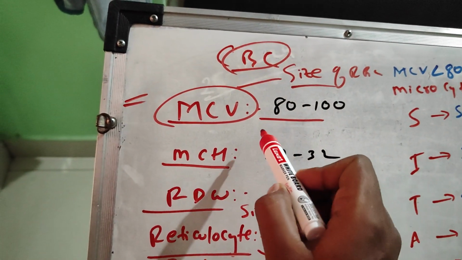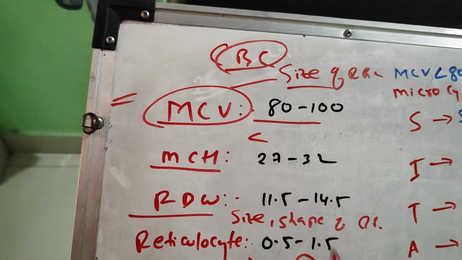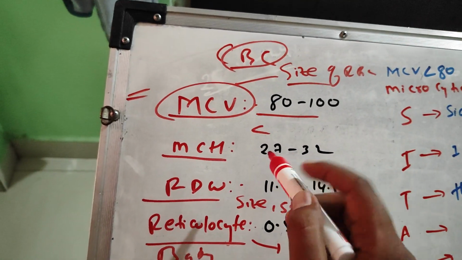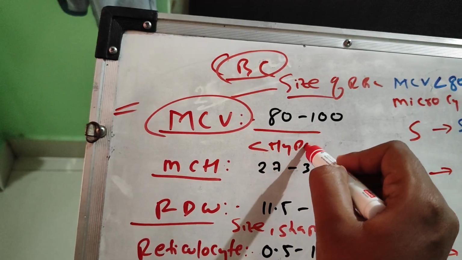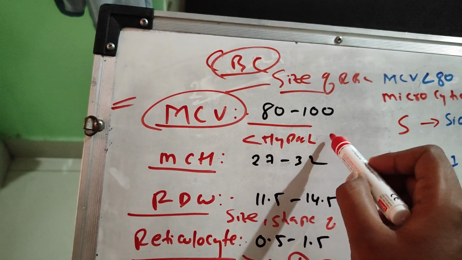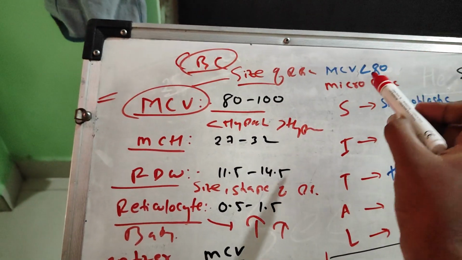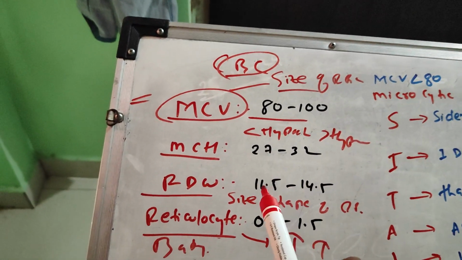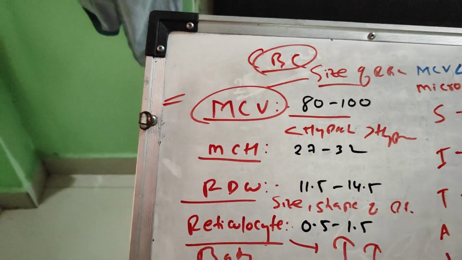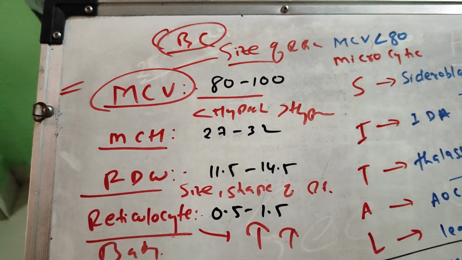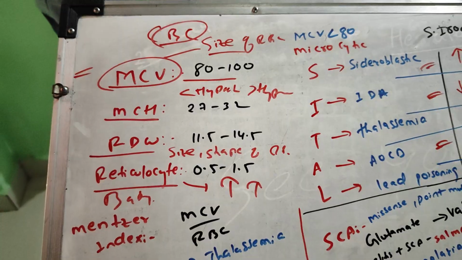If MCH is less than 27, it is hypochromic. More than 32, it means hyperchromic. So less than 27, hypochromic, and MCV less than 80 means microcytic.